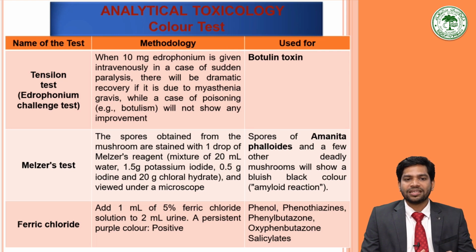Spores of Amanita phalloides and a few other deadly mushrooms will show a bluish black color that is called amyloid reaction, and that indicates the poisonous mushrooms. Then ferric chloride test is done to look for the phenol, phenothiazines, phenylbutazone, oxyphenbutazone and salicylates. A persistent purple color with the ferric chloride solution in the urine indicates the positive result.